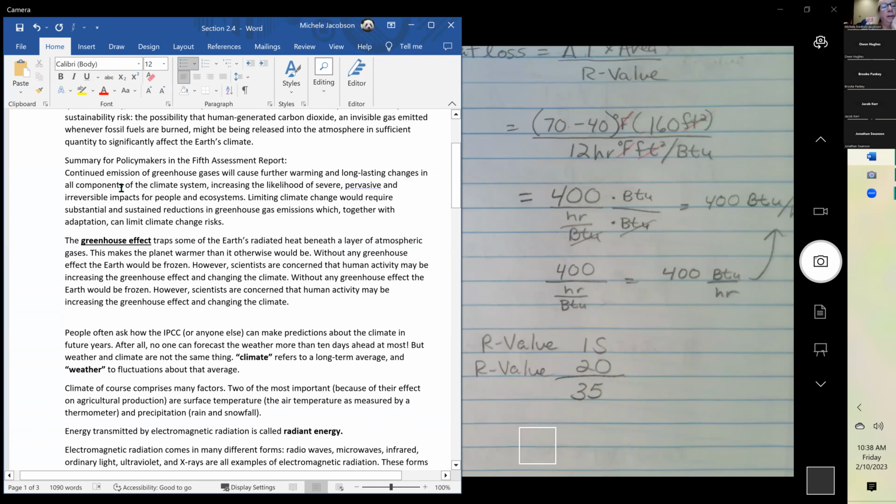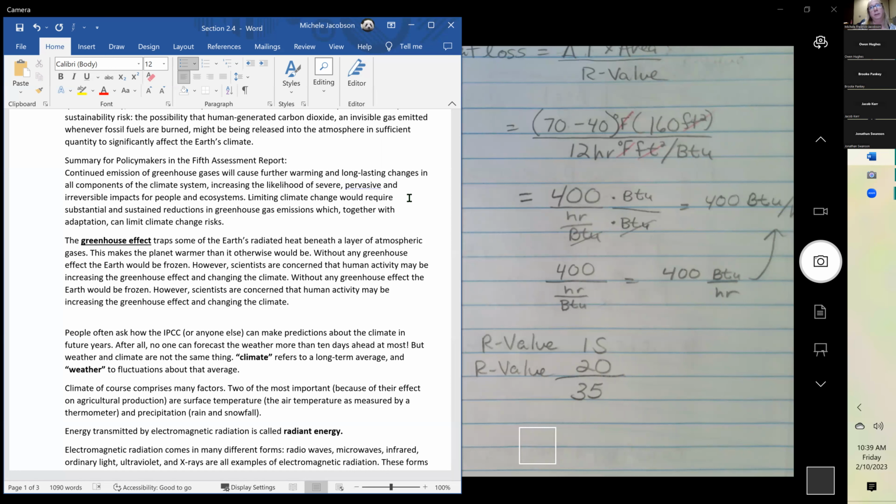A summary for policymakers in the 5th assessment report said continued emissions of greenhouse gases will cause further warming and long-lasting changes in all components of the climate system, increasing the likelihood of severe, pervasive, and irreversible impacts on people and the ecosystem. Limiting climate change would require substantial and sustained reductions in greenhouse gas emissions.